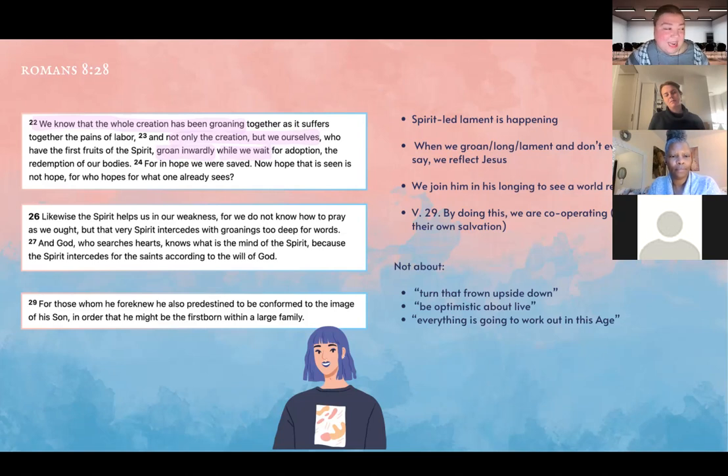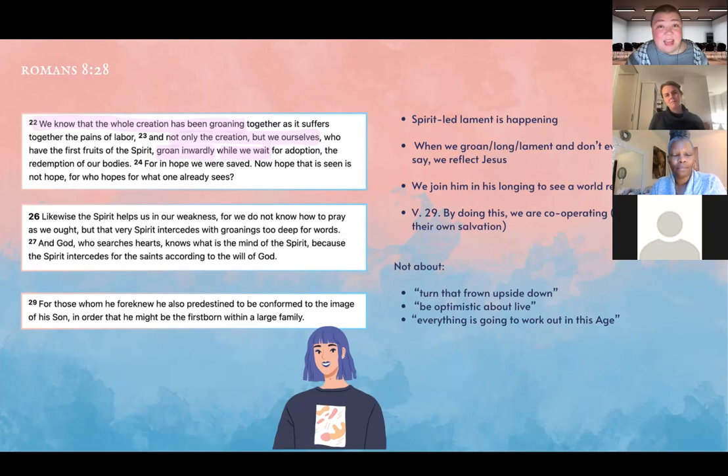Romans 8:28 is not about how following Jesus means that you should turn that frown upside down, that there's a silver lining to darkness and pain. Nor is it saying that everything in life will resolve itself in this age.